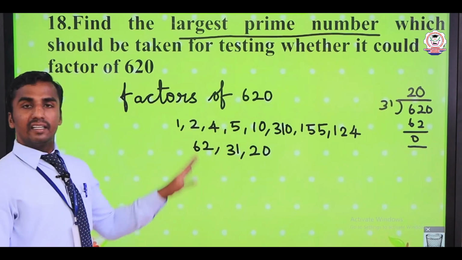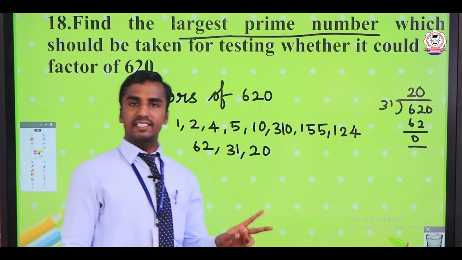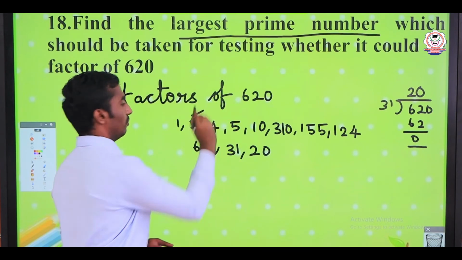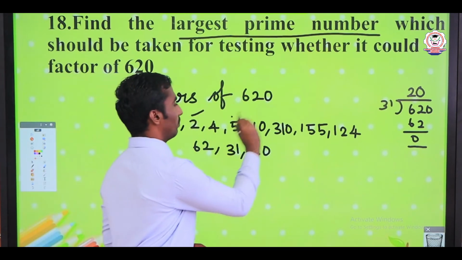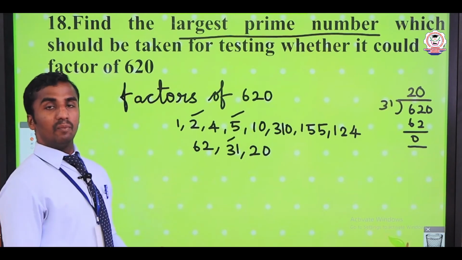Here they are asking for prime numbers. Prime number means a number having exactly 2 factors, 1 and itself. So 2 is a prime number, 5 is a prime number, and next, 31 is a prime number.